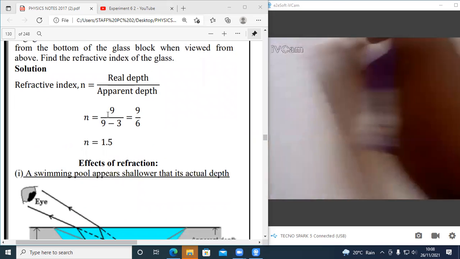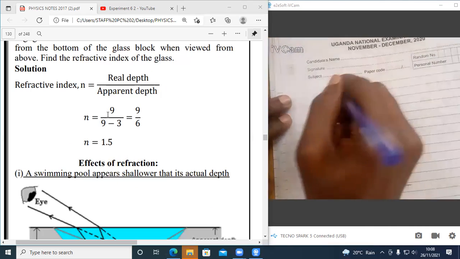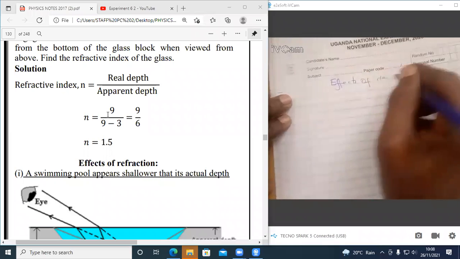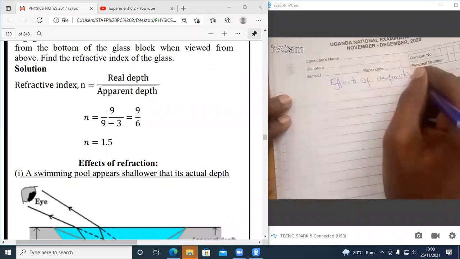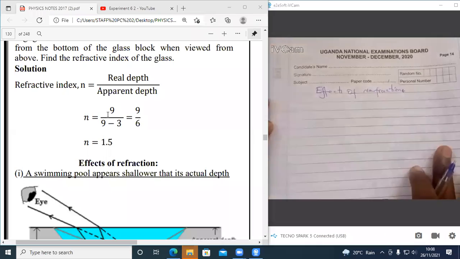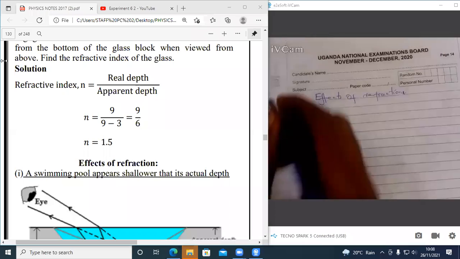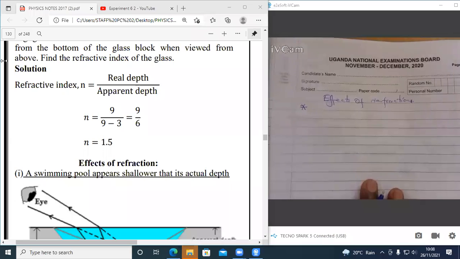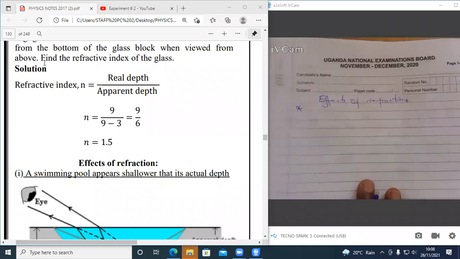Subheading: Effects of refraction. Number one. I remember this one, we have discussed it sometime back. Who can still remember them?